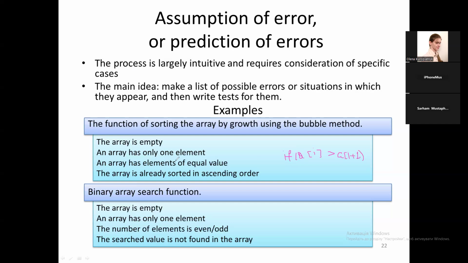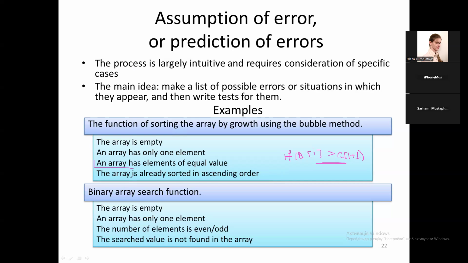And I think that we can have some error in this condition. For this reason, I check this situation, and I add it to the list of situations in which errors appear.